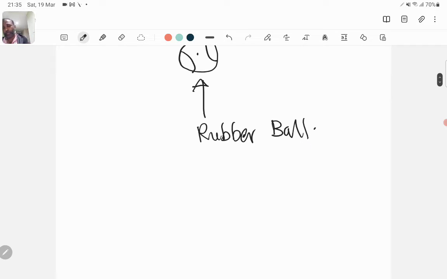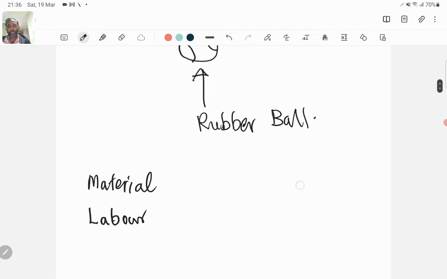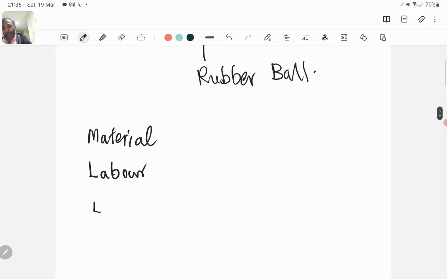One required element to complete our production is material. The second element that we need is labor. And the third element required for the production of this rubber ball is expenses.